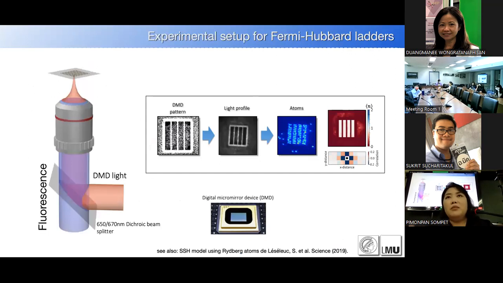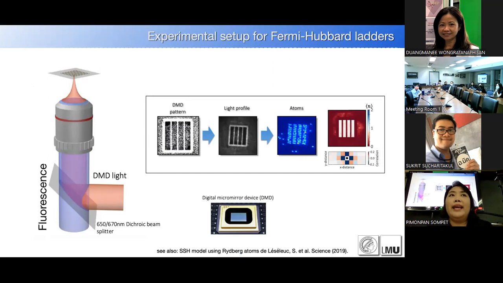We do potential shaping using light again, making the pattern of light look like this. And then the atoms would occupy only the sites in the middle, in the dark place here. So you see the atoms align into a ladder system.